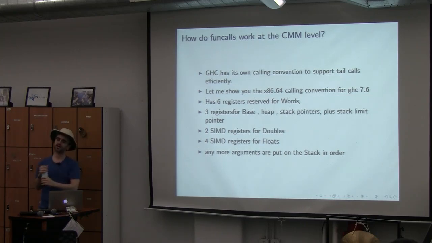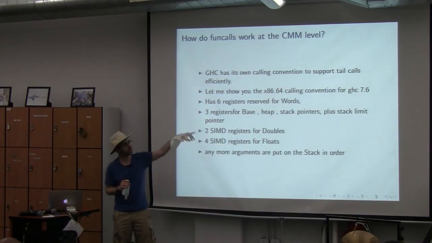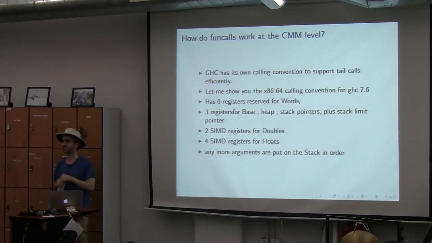That isn't exposed as part of LLVM, although it's done partly because it's all done on the Haskell side for its own calling convention. So I'm going to be talking about the calling convention that is precisely true for 7.6 and also 7.4. I read the source for both.